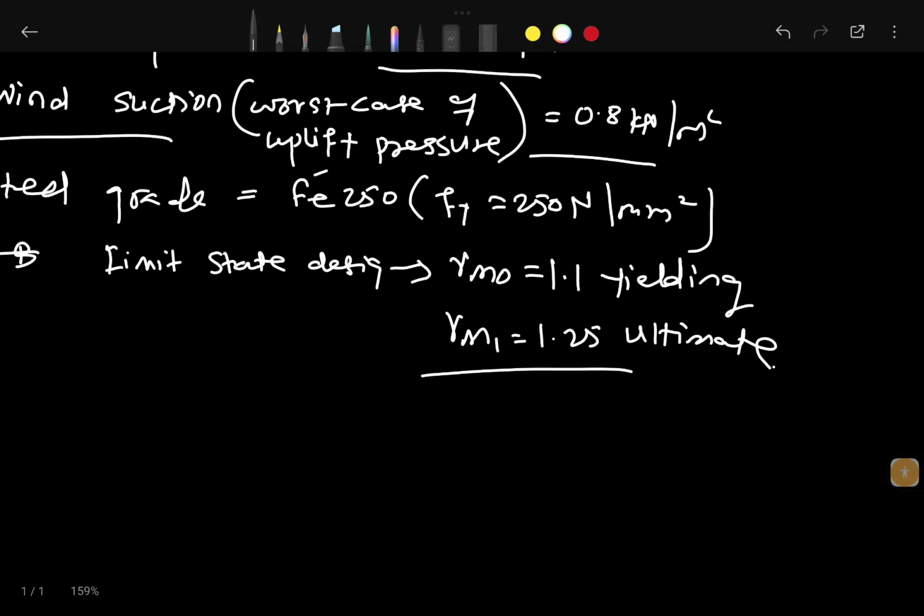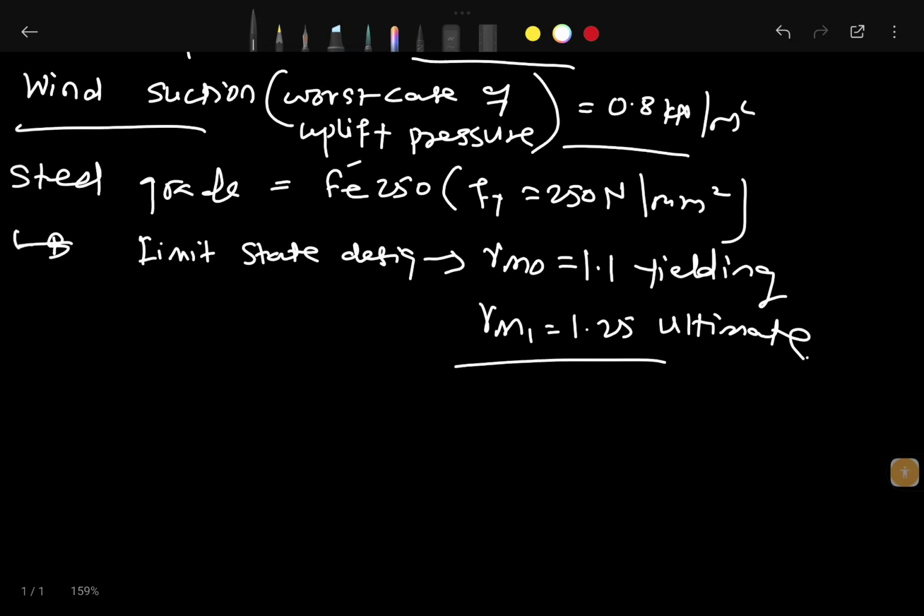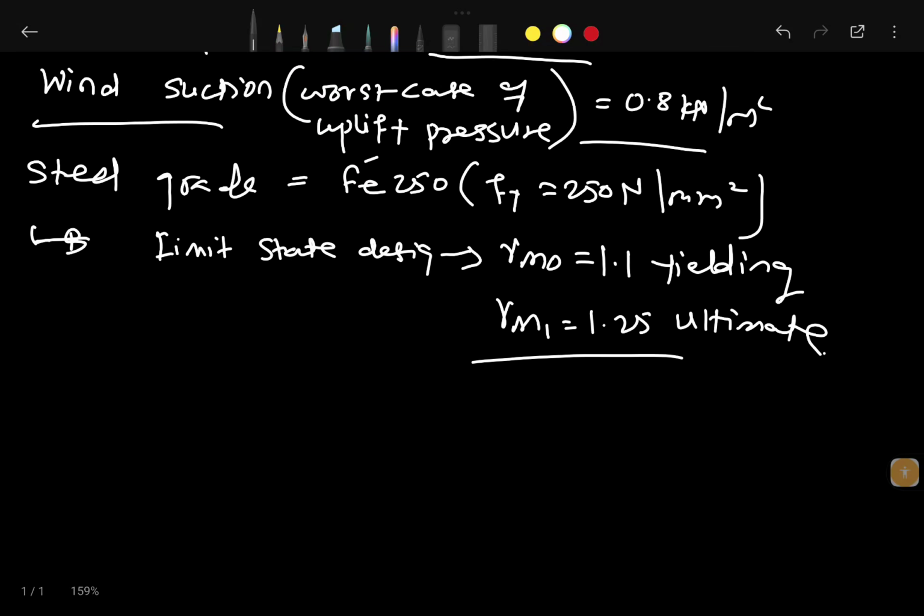This given data we have considered for our purlin design. This is a typical example. For your project, whatever project you design, just consider roof load, dead load, wind pressure coefficient, and steel grade according to the project. Different projects have different values.